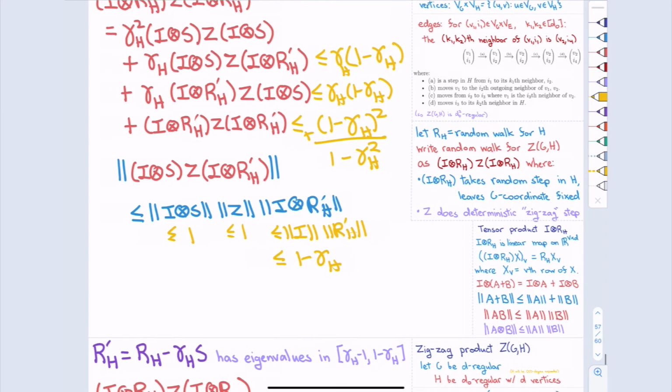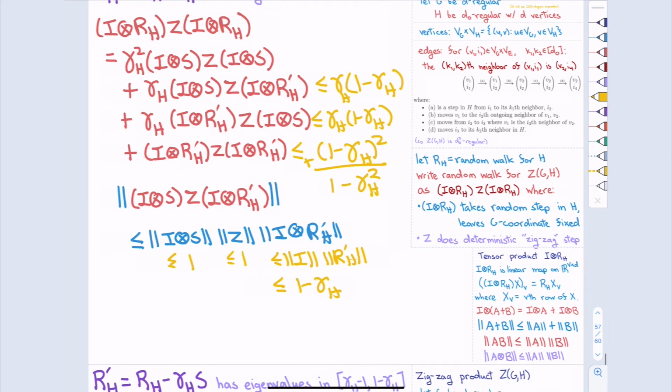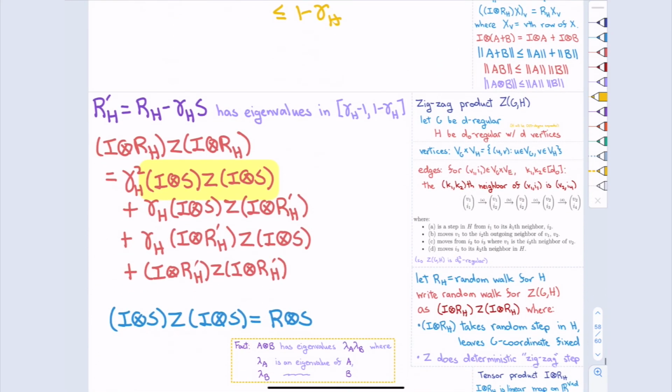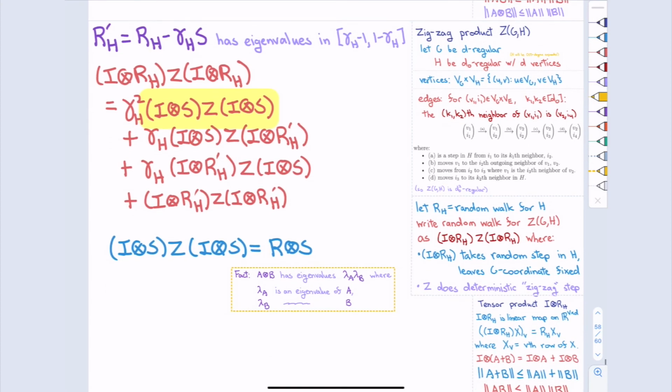Okay, fine. All right, so all that's left is this first term. So all of this is at most 1 minus gamma h squared.